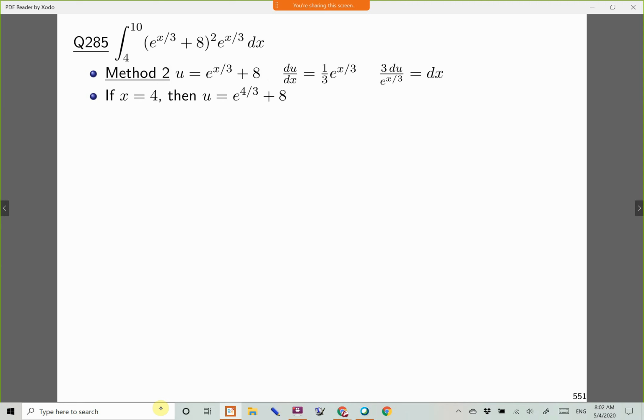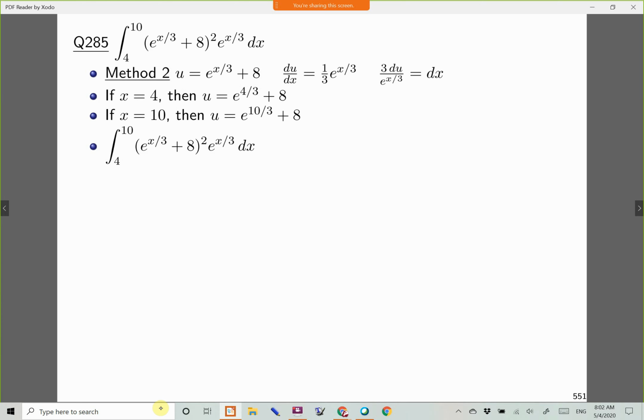So you plug in 4, and you have e to the 4/3 plus 8. That's what u is. And same deal, looking at the other x value of 10, you plug in x equals 10 into this to find out when x is 10, u is going to be e to the 10/3 plus 8. Then, so this method stays with the definite integral the whole time, but it is way more work in my opinion.